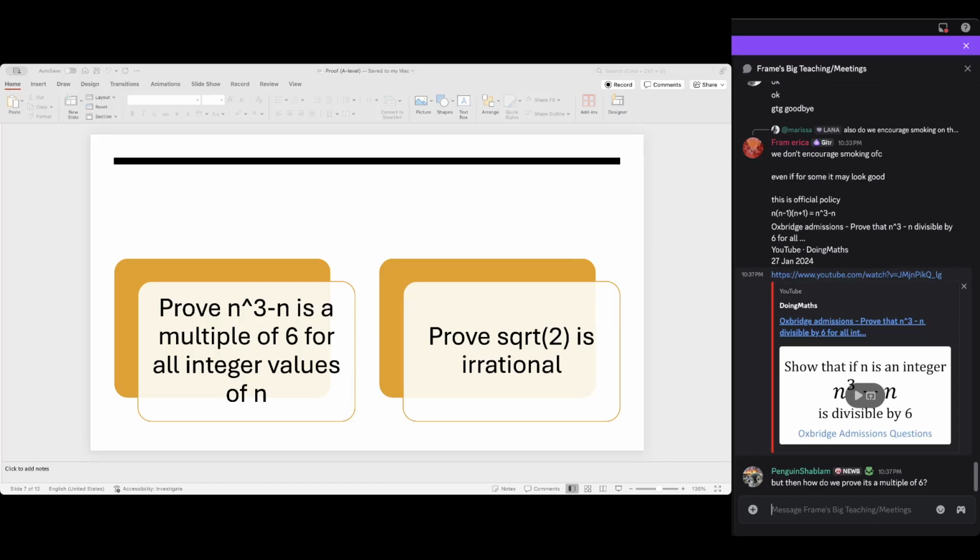Basically, you write the square root of 2, then you assume that the square root of 2 is rational. Then you say the square root of 2 equals a over b, in its simplest form. So you square both sides: 2 equals a squared over b squared. Then you times each side by b squared, so 2b squared equals a squared.